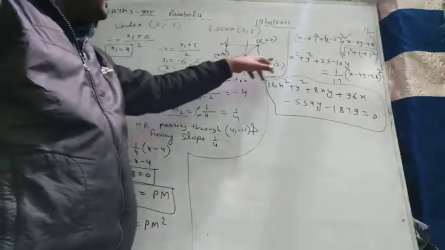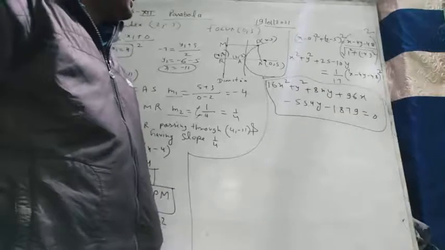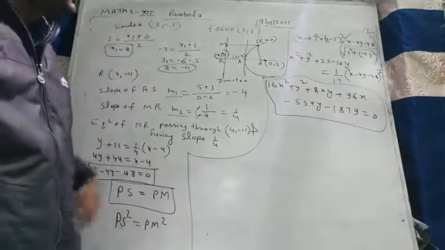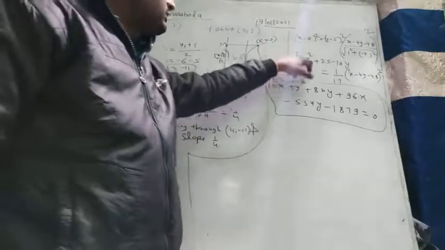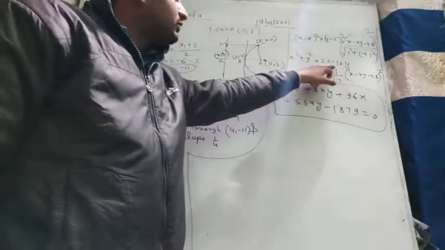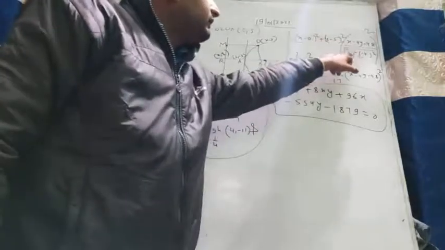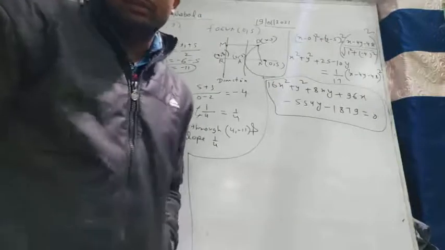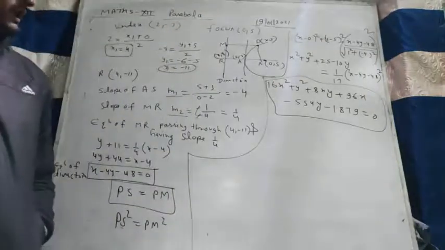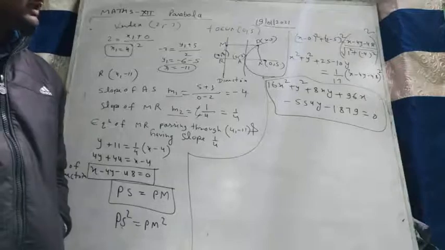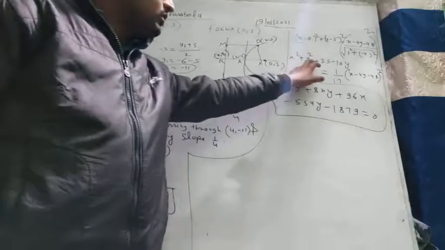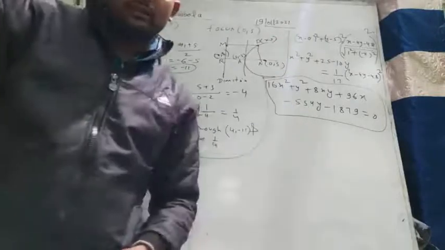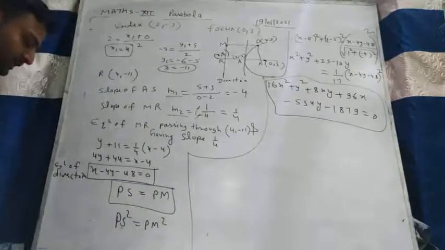So we write x minus 4y minus 48 over root of 1 square plus minus 4 whole square. Now when we expand this, a square plus b square minus 2ab, and we apply the formula of a plus b plus c whole square, a square plus b square plus c square plus 2ab plus 2bc plus 2ca, and in the denominator the root will be removed, it will be 17. When we do cross multiplication and solve further, we get this result. Okay student, I hope you understand.